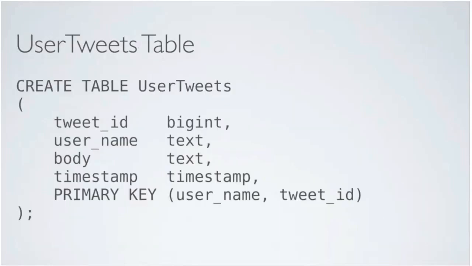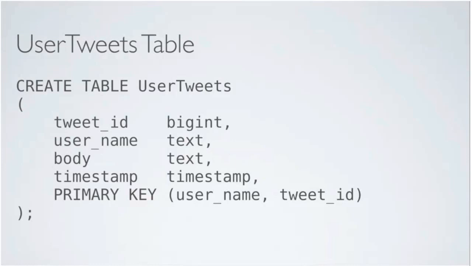So next, what about if we do want to know about tweets in the context of a user? We'll create a table called user tweets. It has all the same fields as our tweet table, but this time the primary key is a combination of username and tweet ID.